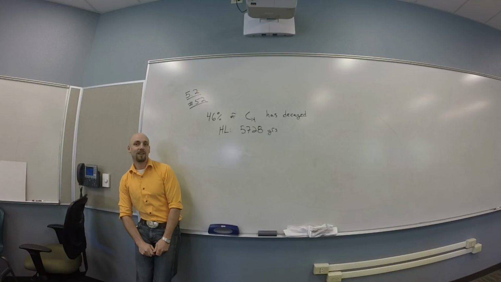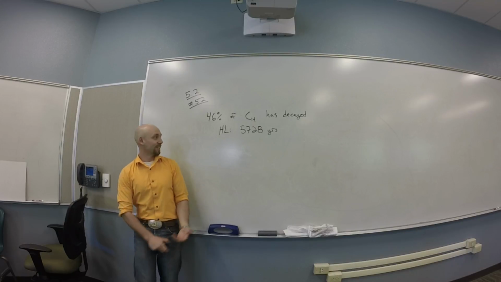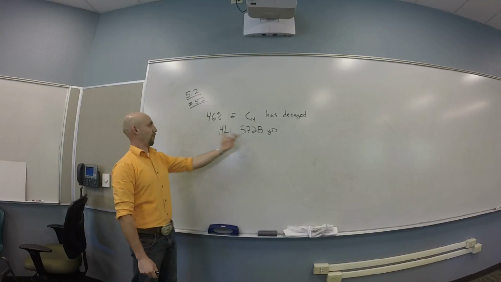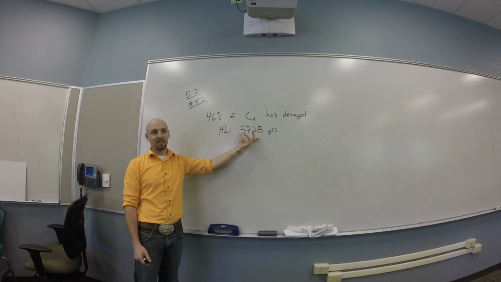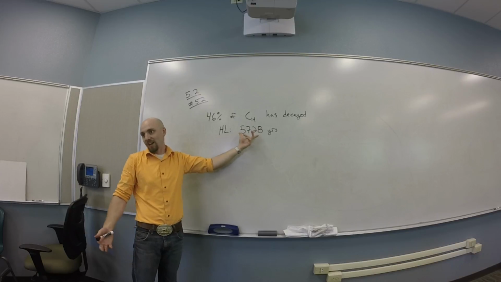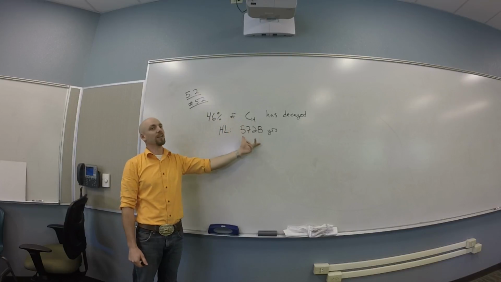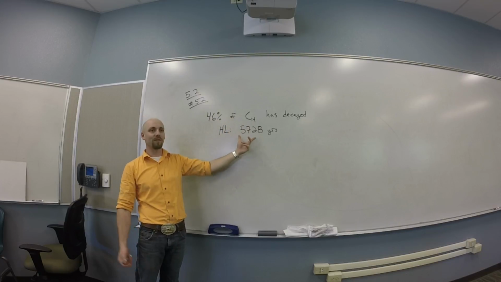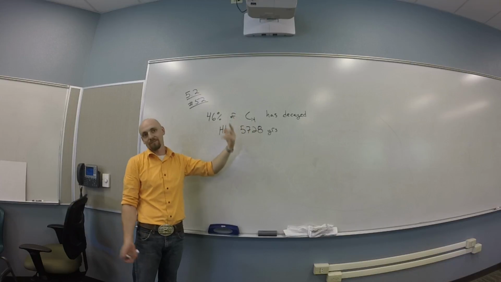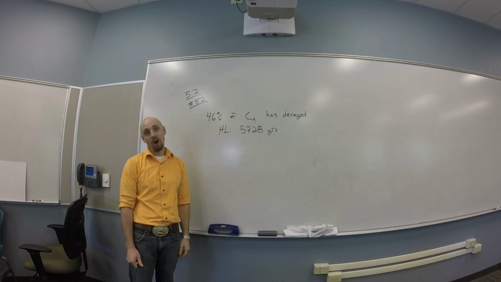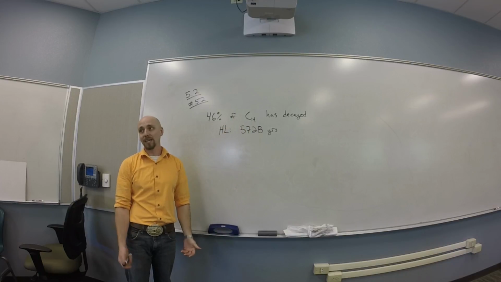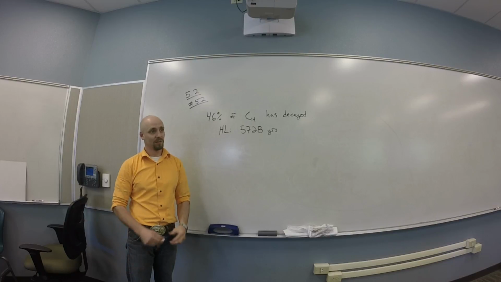Almost that. Good. And the obvious answer is pretty much about 5,700 years, right? Because about half the C14 is gone, and it takes about 5,700 years for half the carbon-14 to be gone. If I want a better answer, how do I get a better answer?